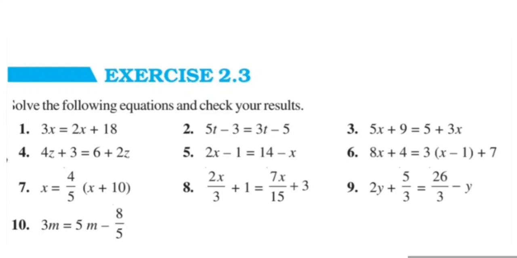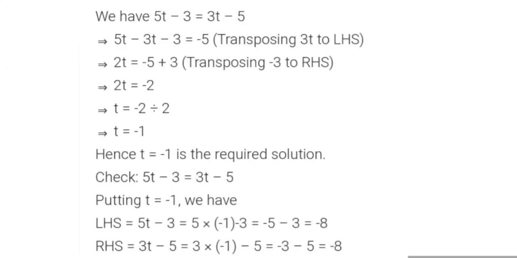Question number 2. 5t minus 3 is equal to 3t minus 5. So here also first all the variables we will write one side and the constants one side, means we will transpose 3t to left hand side and minus 3 to right hand side.